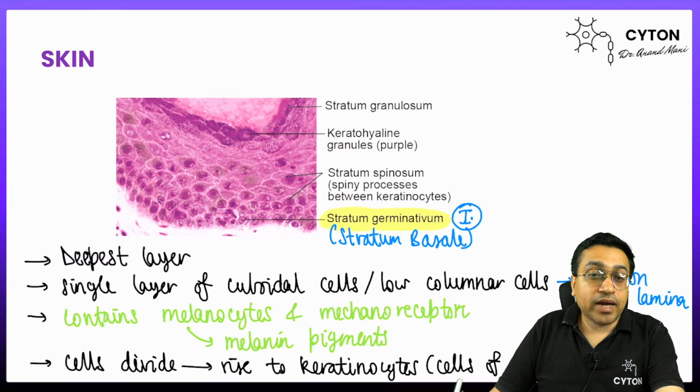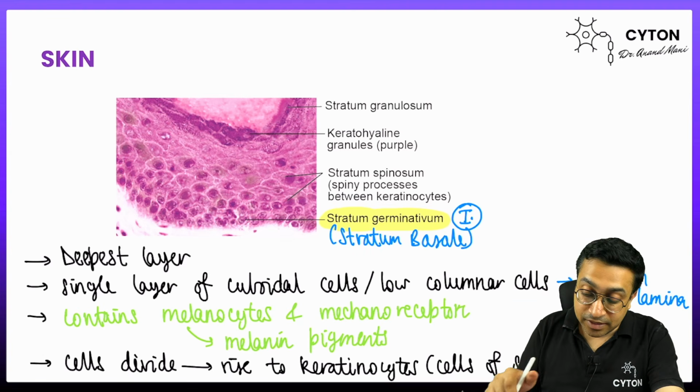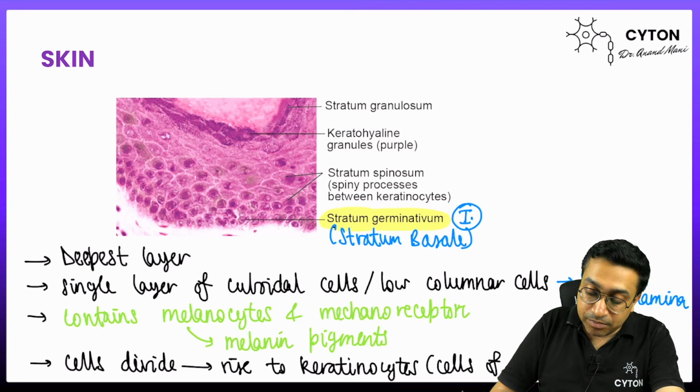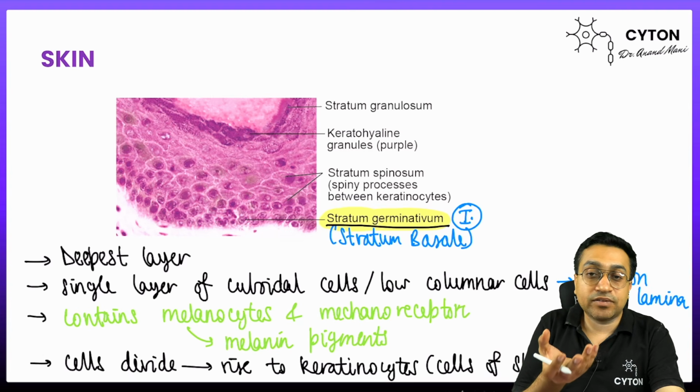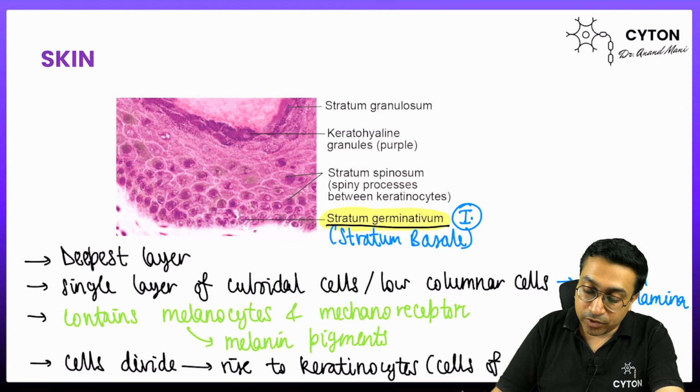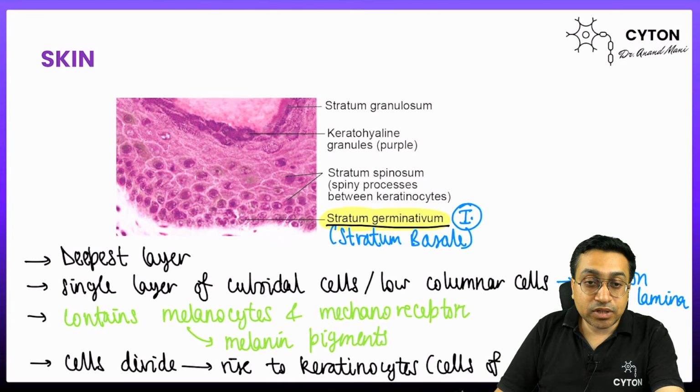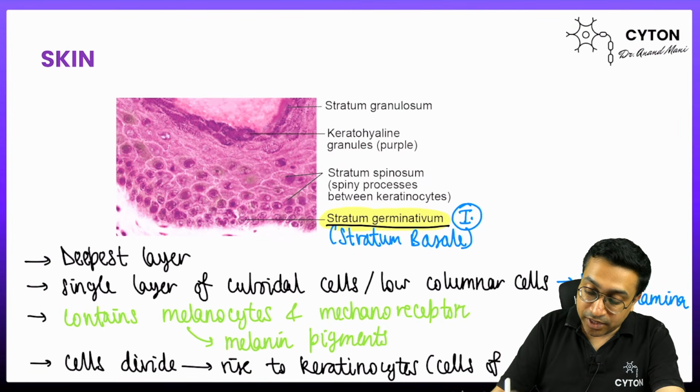And these form the superficial layers of the skin. Hence, that is the reason why this stratum basale is called stratum germinativum, because it is acting as a germinal layer. Okay, so that is about the first layer, that is stratum basale.